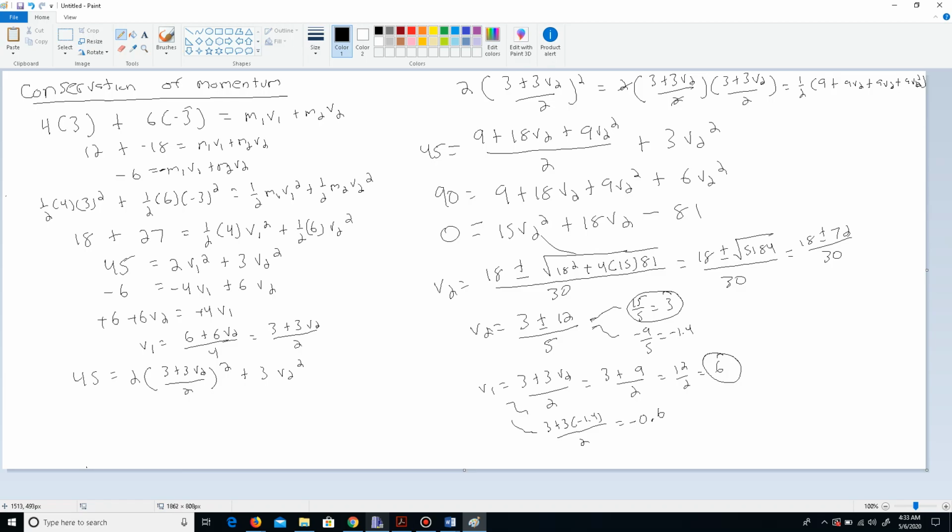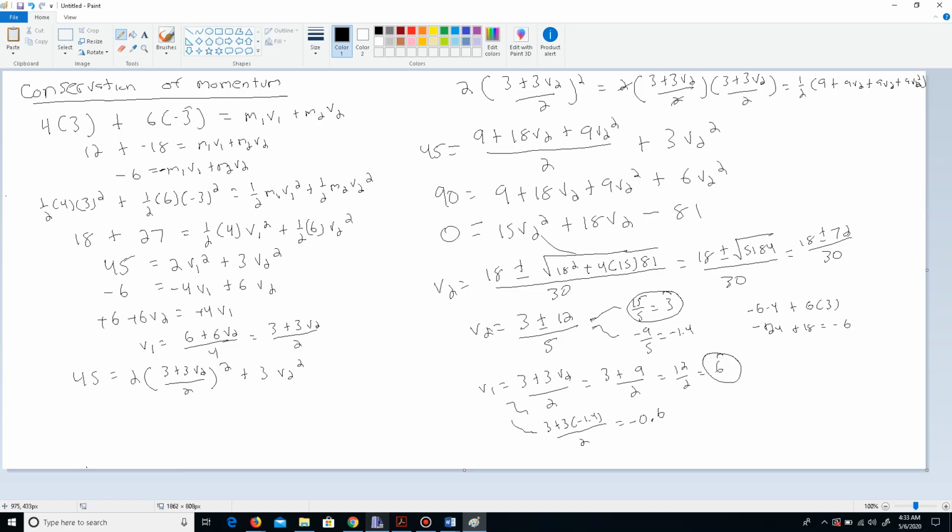So let's try these now. This should equal a negative 6 when we find the momentum. So this will be, actually, negative 6 times 4 plus 6 times 3. That would be negative 24 plus 18, which is negative 6.